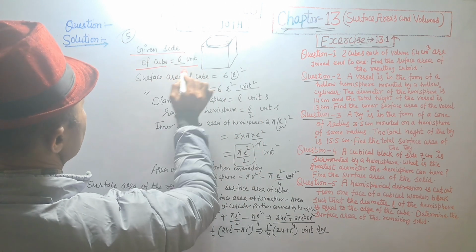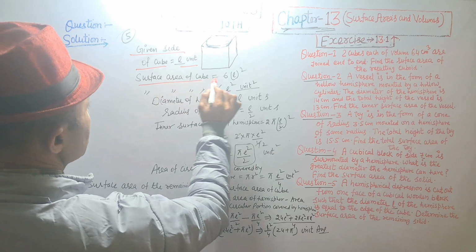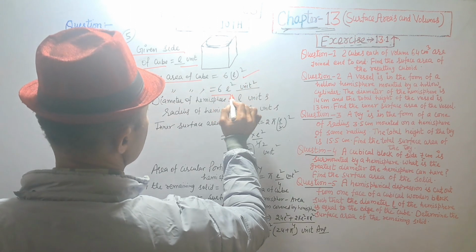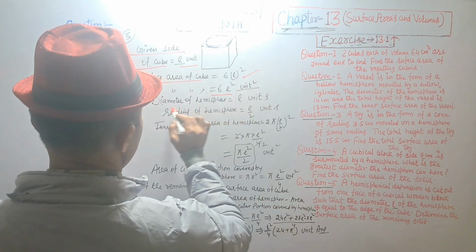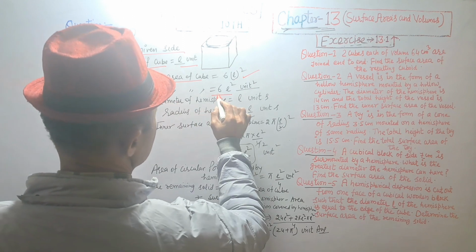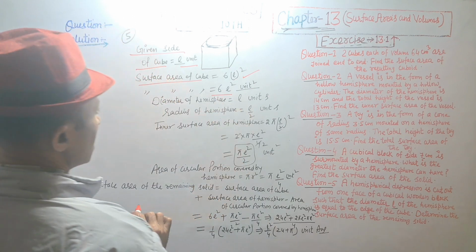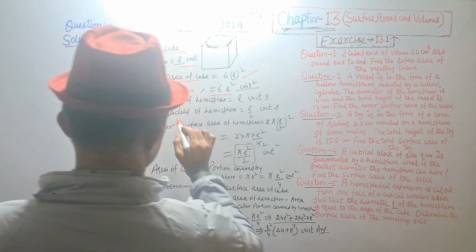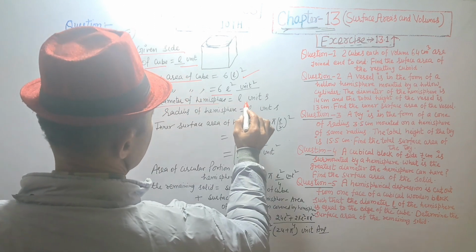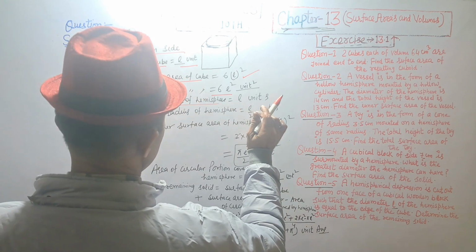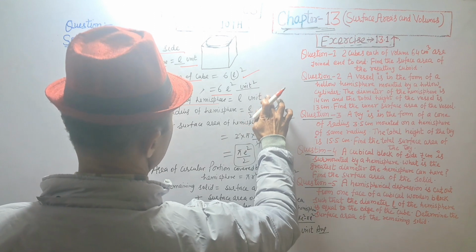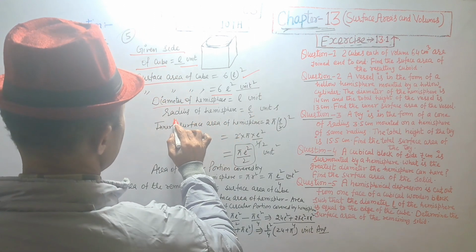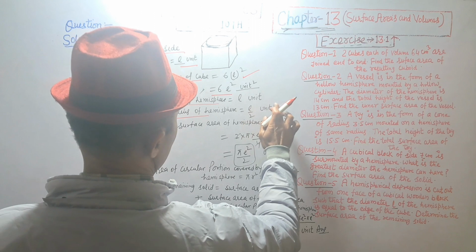Given side of cube is L unit. Surface area of cube is 6 into side square, that is 6L square. Diameter of hemisphere is L unit and its radius is L upon 2 unit.